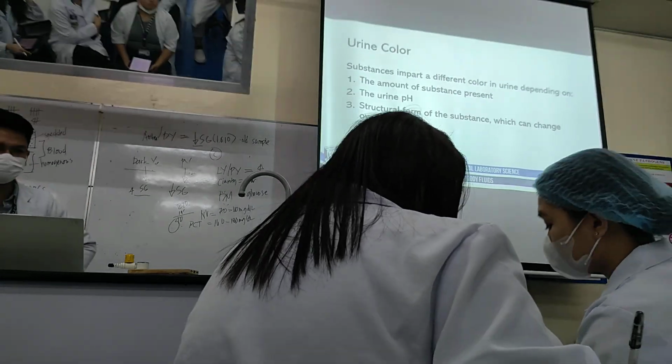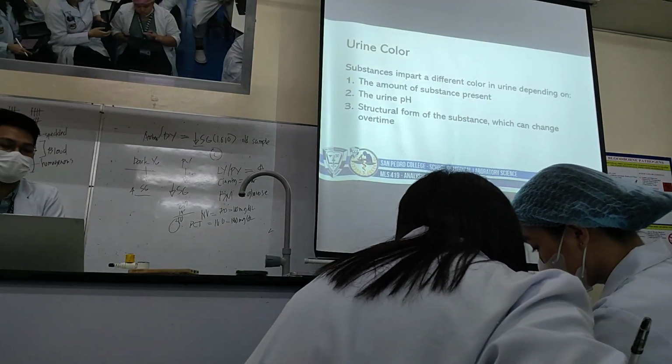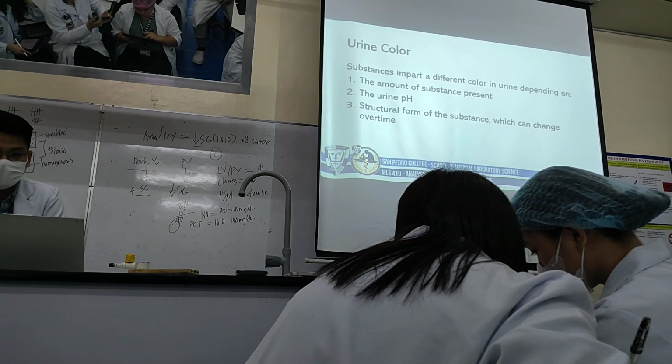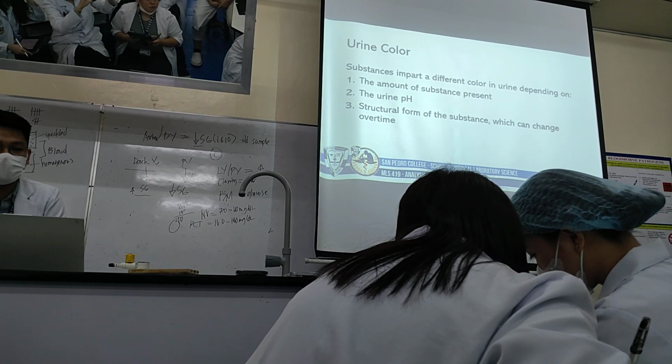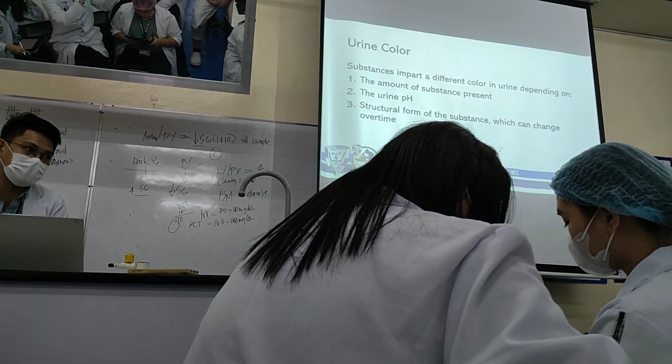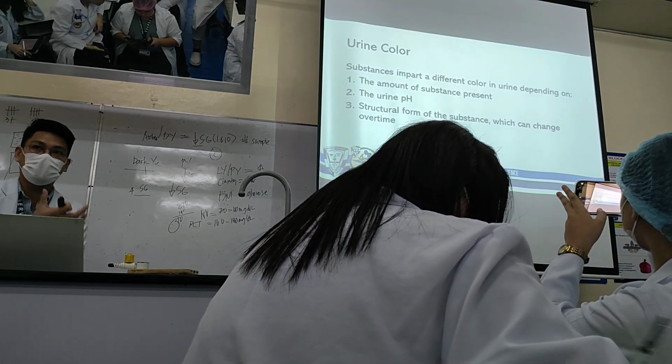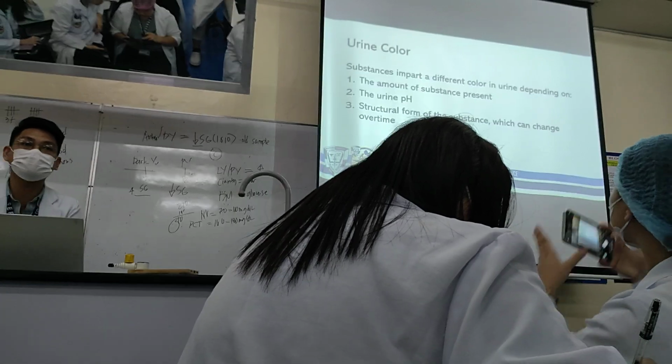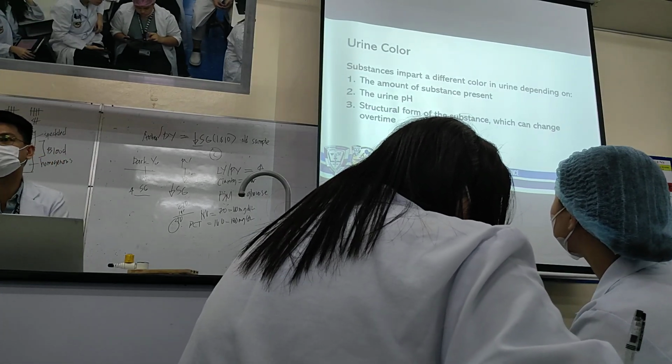Okay, next. These are some of the reasons substances impart a different color in urine, depending, first, on the amount of substance present. It always depends on the concentration of the active substance of your drugs or medications.